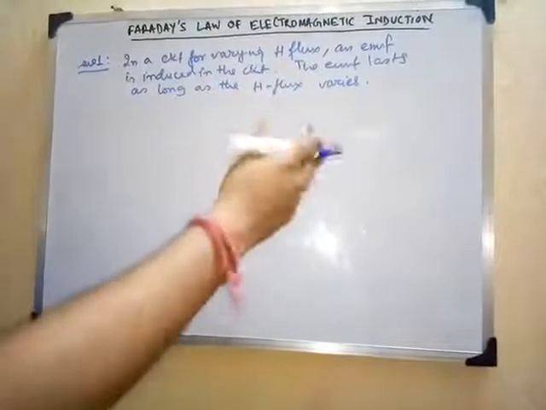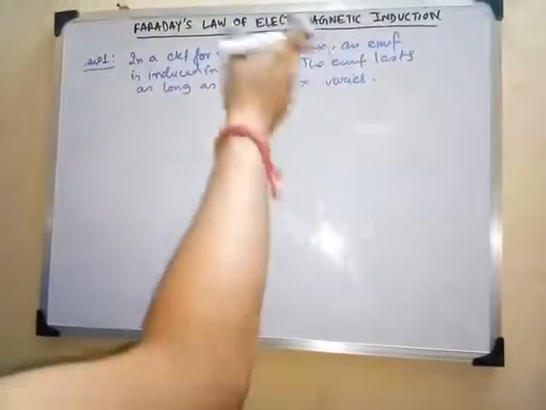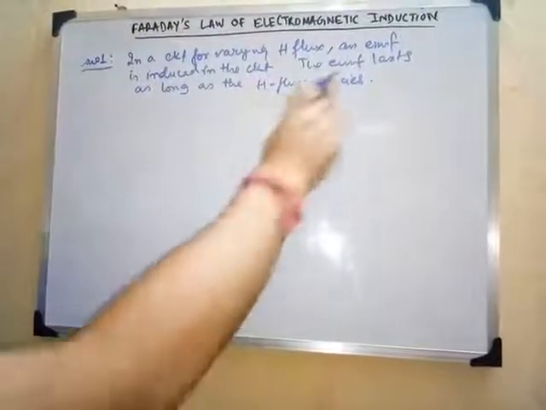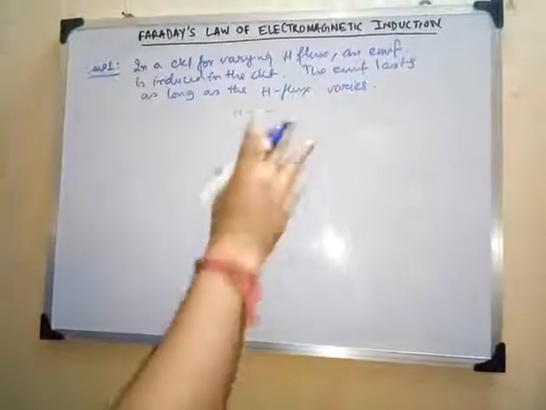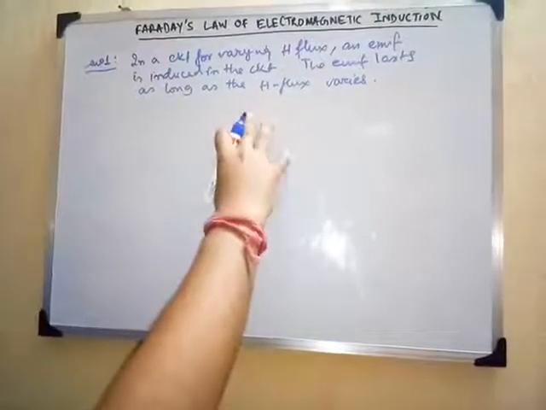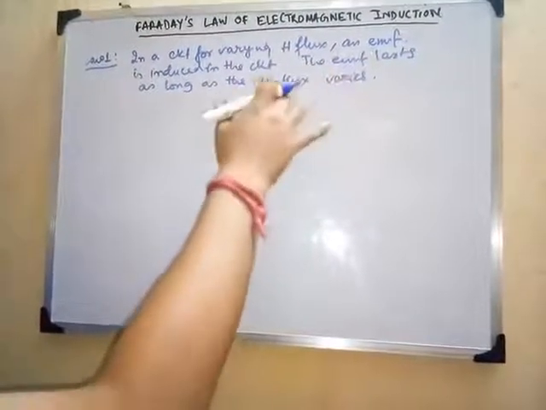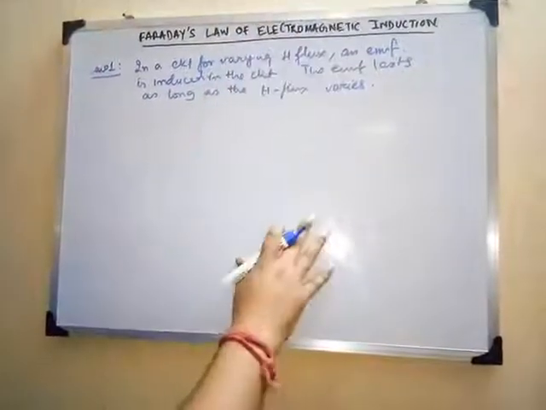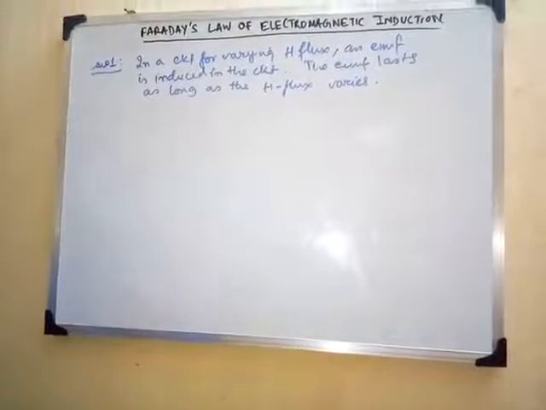Now one more thing that has to be discussed is that the EMF which is induced in the circuit lasts as long as the magnetic flux varies. That means the EMF will stay within the circuit as long as this magnetic flux is varying. When the variation of the magnetic flux stops, the EMF will also stop. You will not get any kind of EMF.